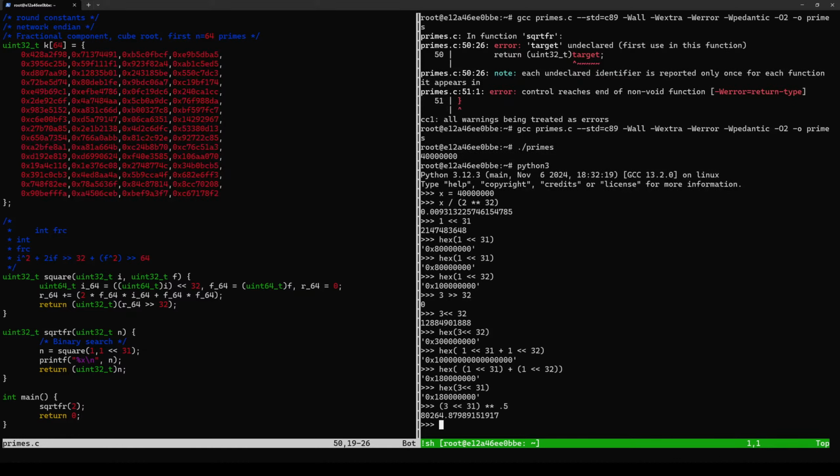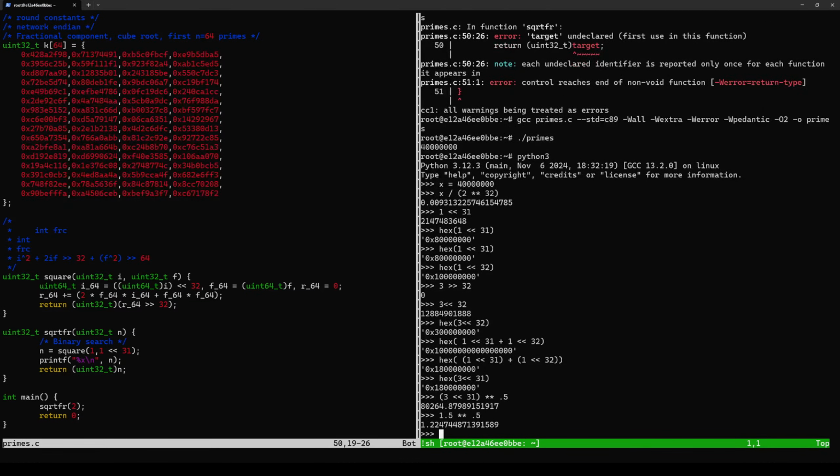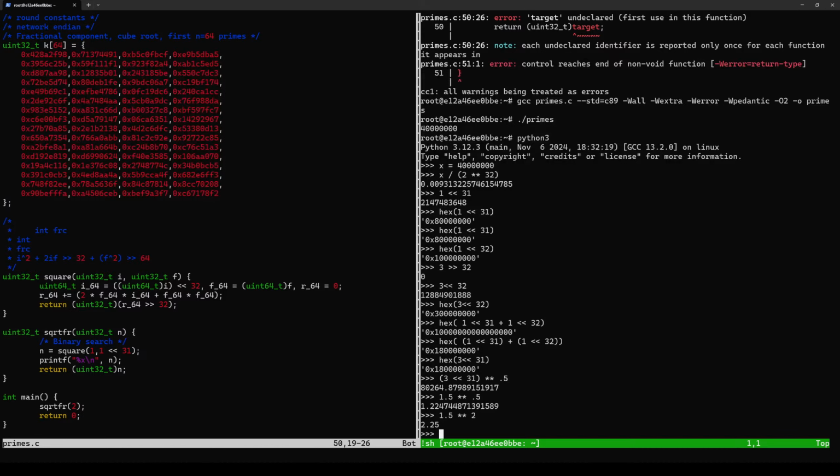Square root of that is that much. Well, what's the square root of 1.5? It's possible all of these numbers are close to being correct. Aren't I just squaring it right now? Oh yeah, I'm only squaring, right? So 1.5 squared is 2.25.